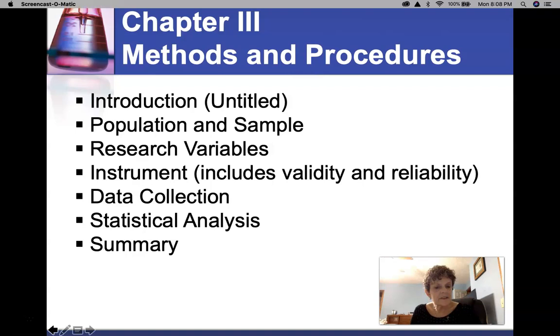The next step is the statistical analysis, how you're going to take the data you have collected and analyze it. The last step is to write a summary of everything in this chapter: what your population is, what your variables are, what kind of data, that you're collecting it by a survey, and what you hope to prove when you analyze your data.